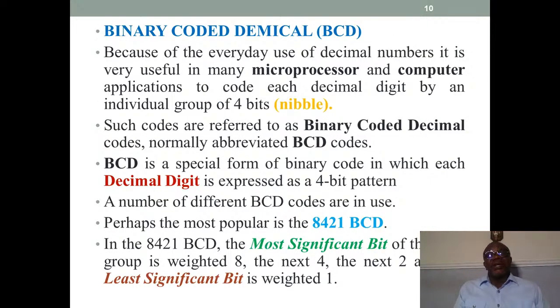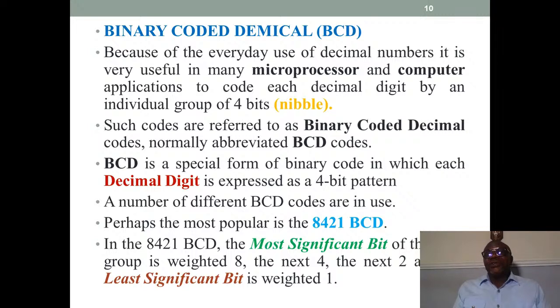We'll quickly start moving away from just looking at bits, to see what the computer will see, instead of just continuously looking at zeros and ones. And that leads us to what is known as binary coded decimal, otherwise known as BCD codes.